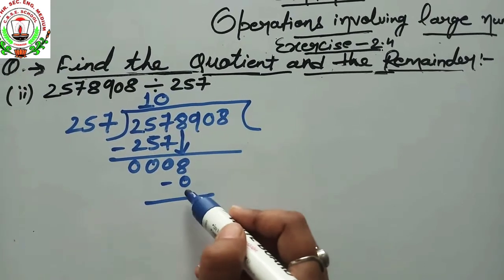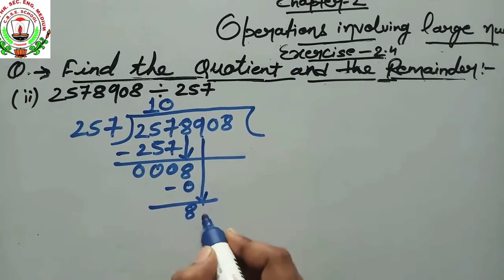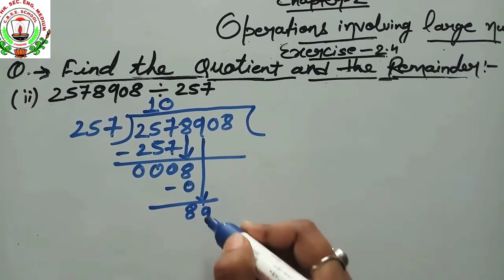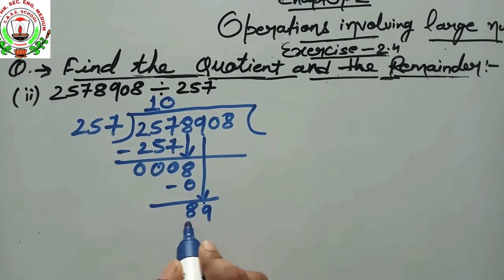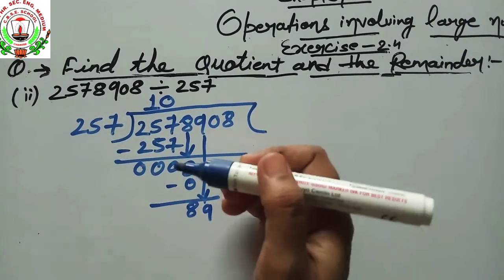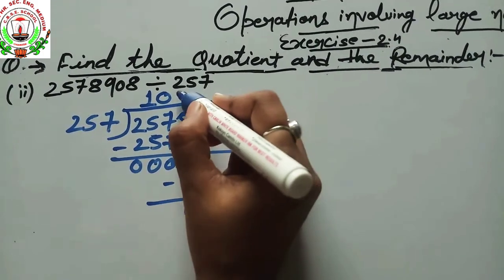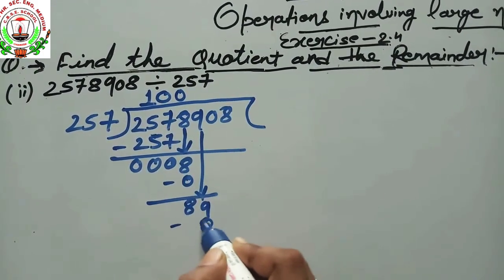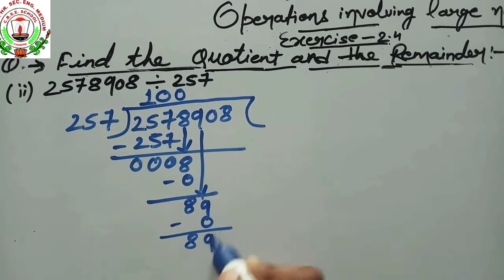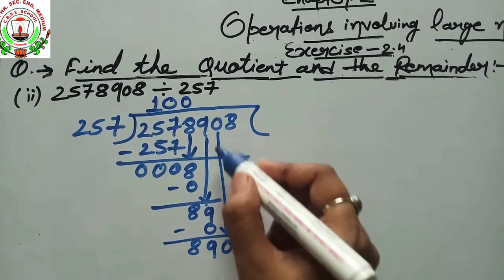Here I have written 8 and then the next step is again to bring down this 9 over here. Now this is 89 and this is 2 digits, so we have to convert this into 3 digits. For that again we will write this 0. So this will become 8, 9 and 0 over here. We will bring down this 0 over here.